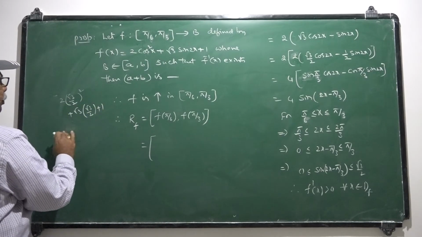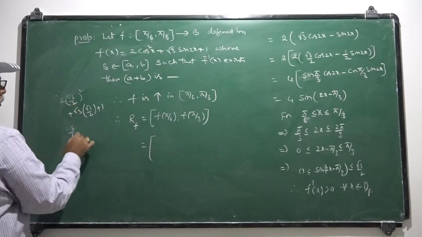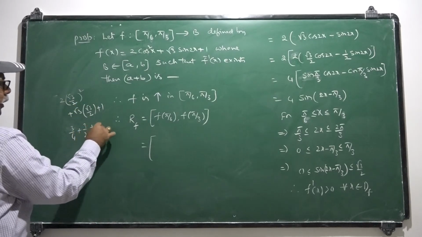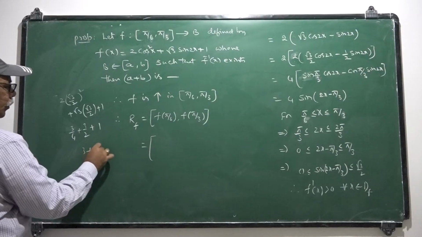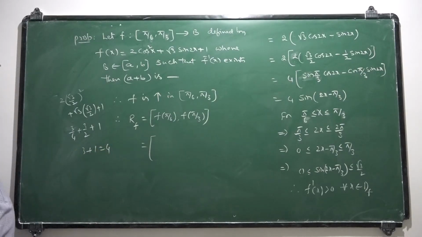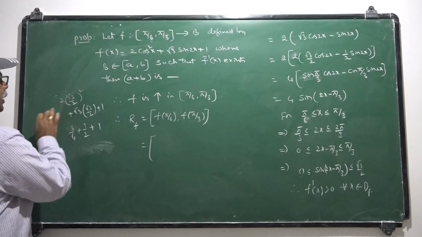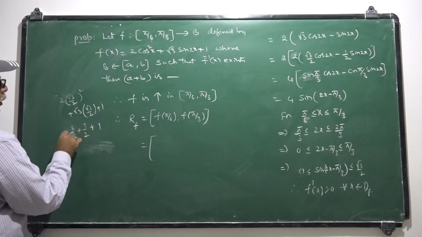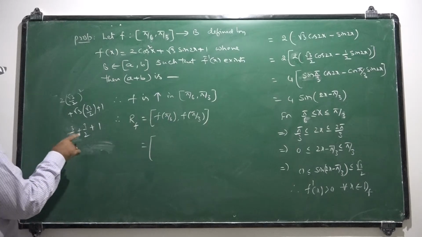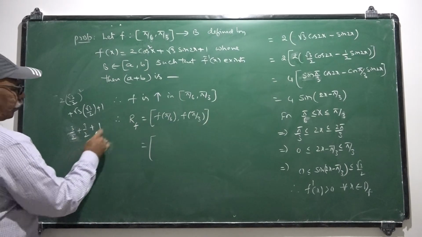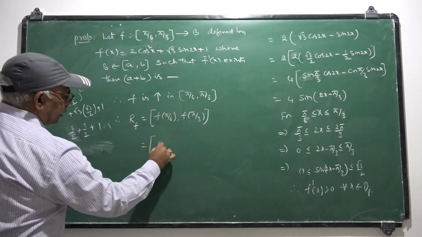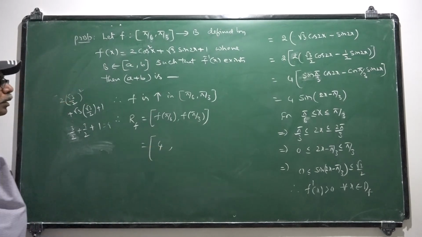This is 3 by 2 plus 3 by 2 plus 1. LCM 4, 3 by 4 means 3 by 2 only. 3 by 2 plus 3 by 2 is 3, 3 plus 1, 4. F of pi by 6 is 4.